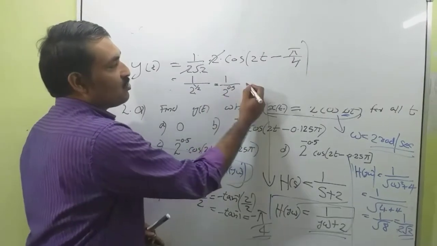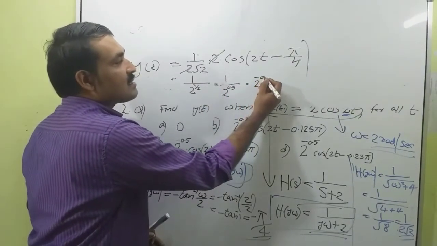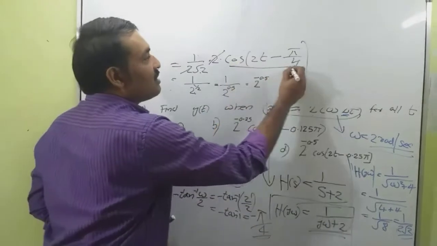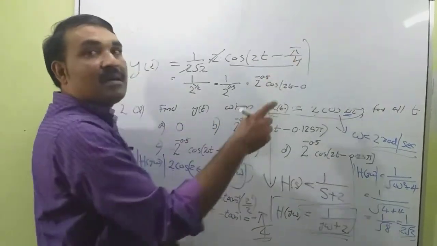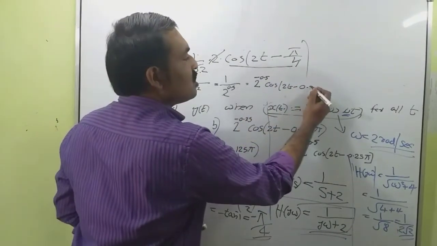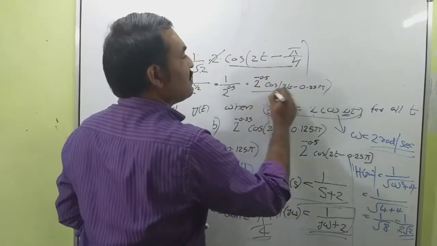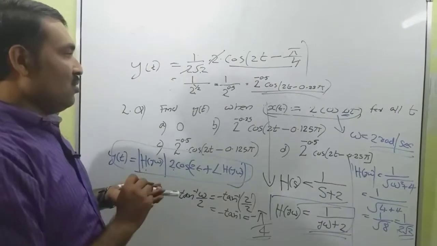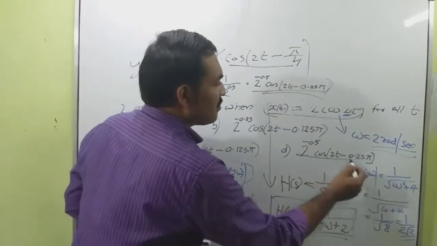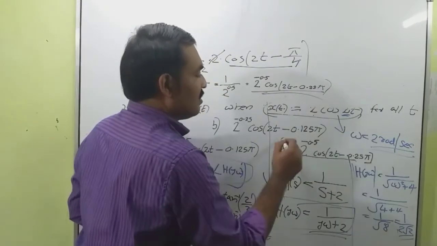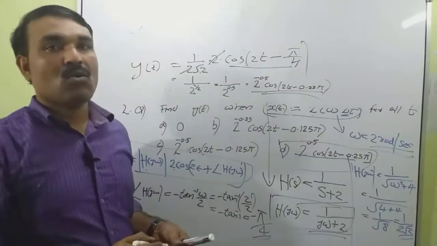So this is equal to 2 raised to minus 0.5 into cos of 2t minus pi by 4. Pi by 4 means 0.25 pi. So this is the answer. So from the options, 2 raised to minus 0.5 into cos 2t minus 0.25 pi. So D is the correct option.